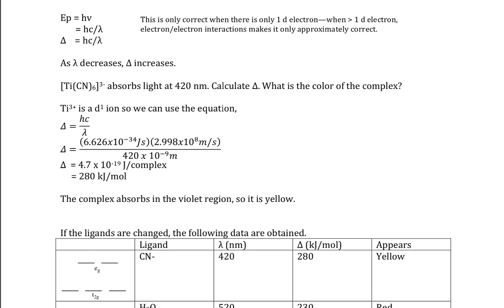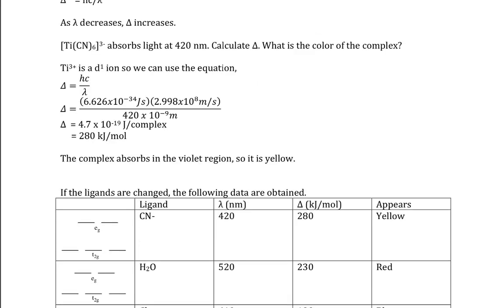Alrighty, so titanium 3+ has that one d electron, so it's a d1 ion. So we have that delta equals hc over lambda. h is 6.626 times 10 to the minus 34 joule seconds. c is 2.998 times 10 to the 8th meters per second.